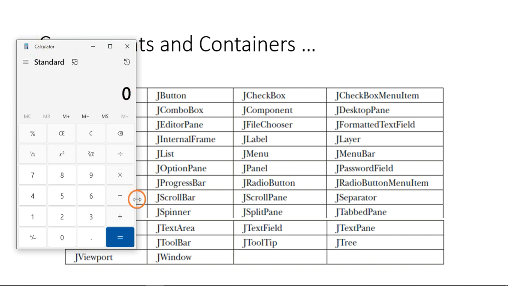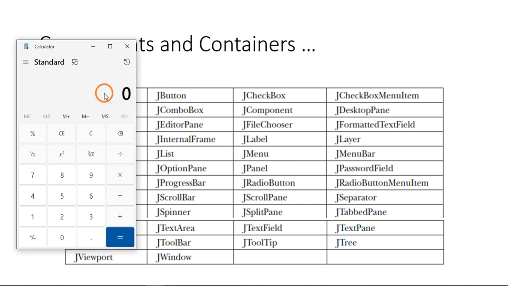This is called a window, and in Java you have JWindow for that. If you want to display a window for a GUI application, you can use JWindow. And there are so many buttons here: equals, plus, 3, 2, 5, and so on. All these are examples of buttons, and you can create them using the class called JButton.